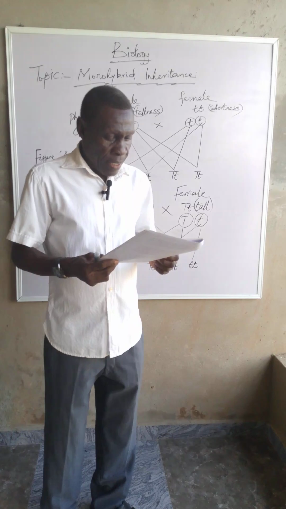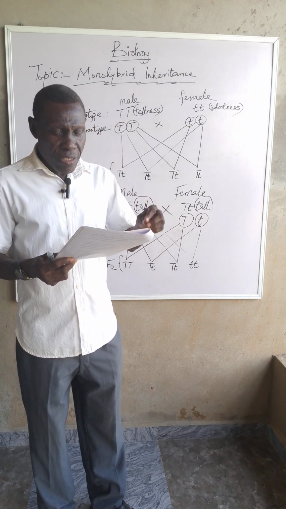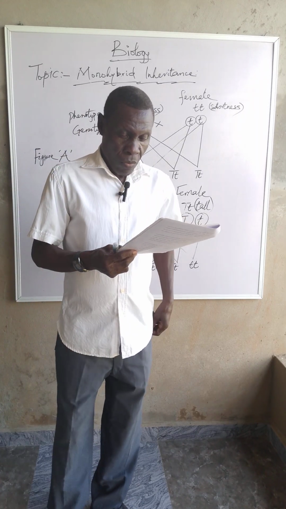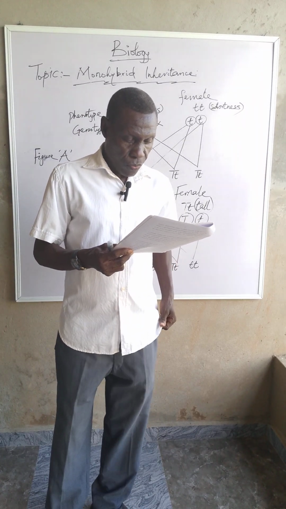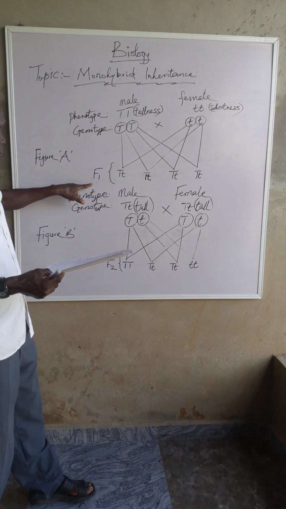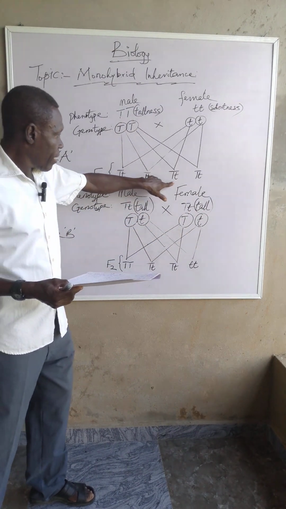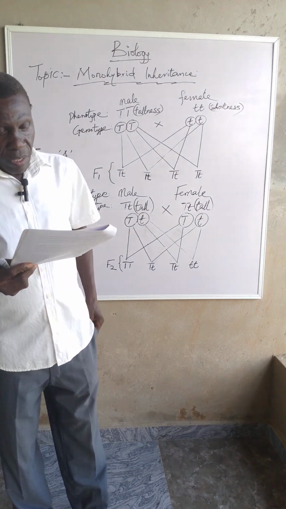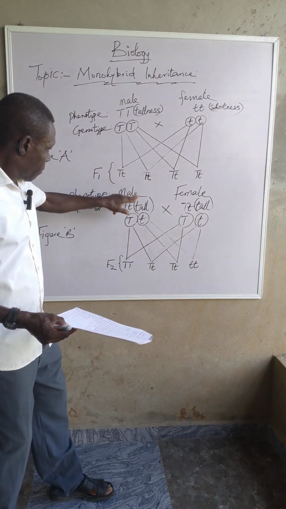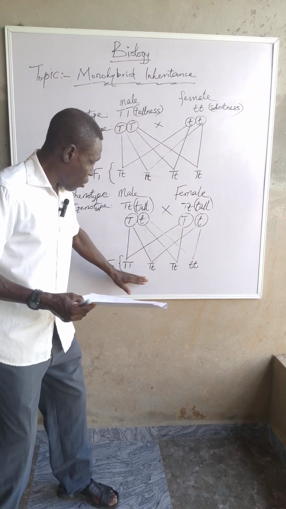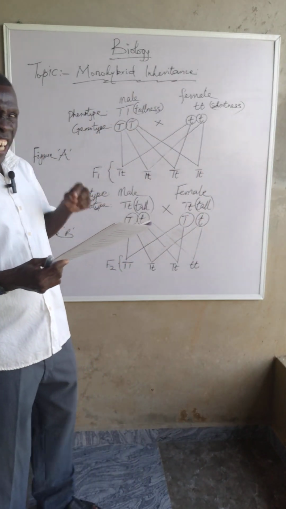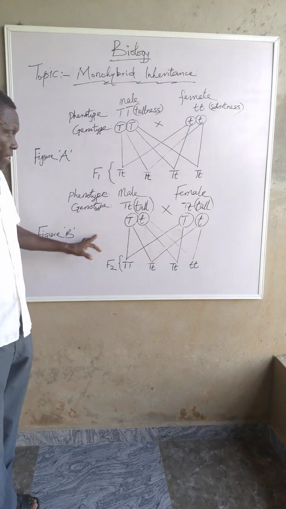All right. Now, to obtain the second filial generation, which is this one now, what did he do? The F1 plants, which is the first filial generation, he cross-pollinated them. This is what I'm seeing there. And this is the result, which is now the second filial generation as illustrated in figure B in this way.